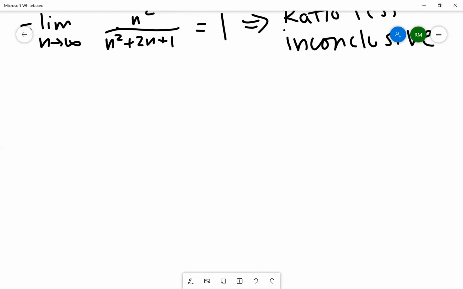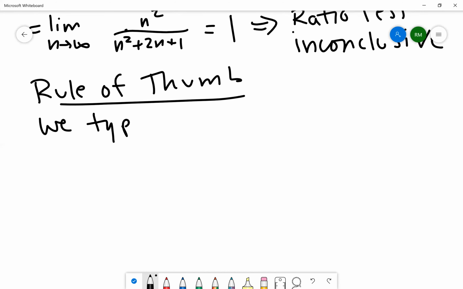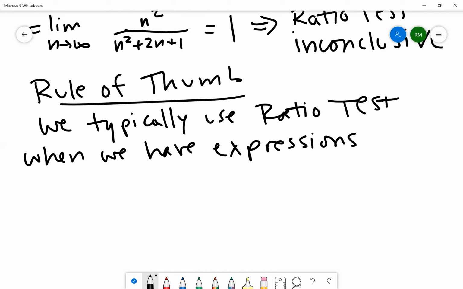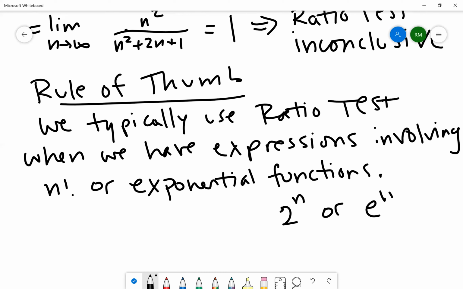So the rule of thumb here is that we typically use the ratio test when we have expressions involving things like n factorial or exponential functions, such as 2 to the n or e to the n.